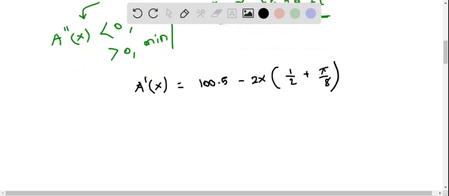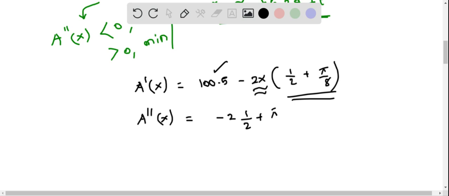Now we'll find its second derivative by differentiating both sides with respect to x. So we get A double prime of x, and the constant will become 0, and the derivative of negative 2x is negative 2, and the derivative of x is 1, so it's just 1, and these are all constants, so we put the constant as it is. So it is basically negative 2 times 1 by 2 plus pi by 8.